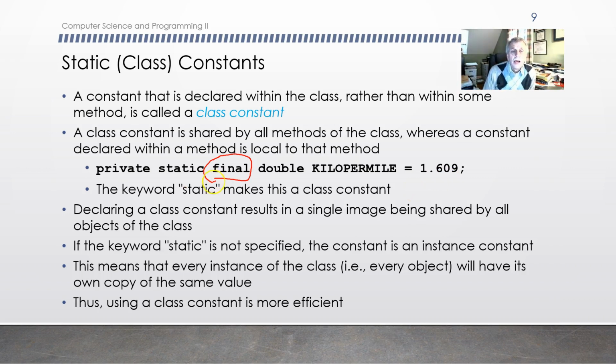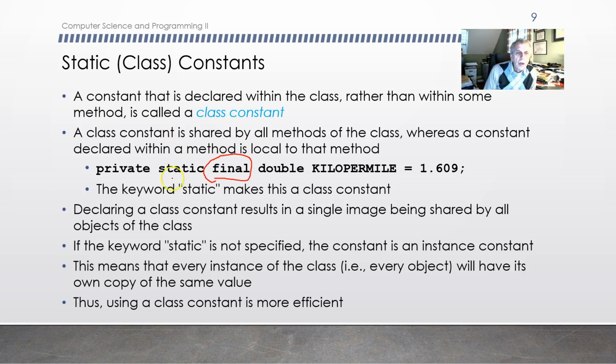It's the final assignment. So by adding the word final, this makes it a constant, more appropriately perhaps a constant identifier, because clearly 1.609 is a constant value. But here we're associating that value with this identifier. And remember again, our naming standard says we're going to put this all in uppercase to emphasize the fact that this is a constant identifier or a named constant.